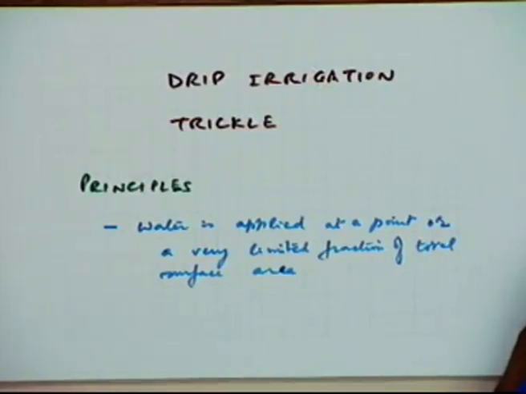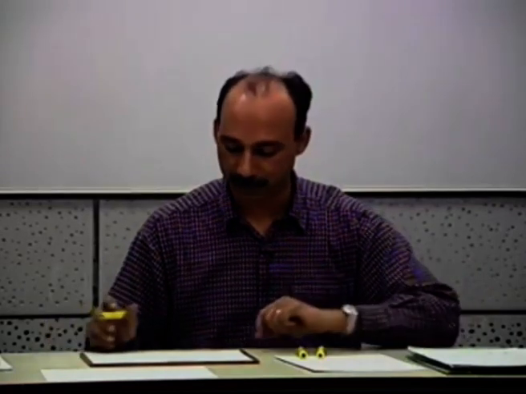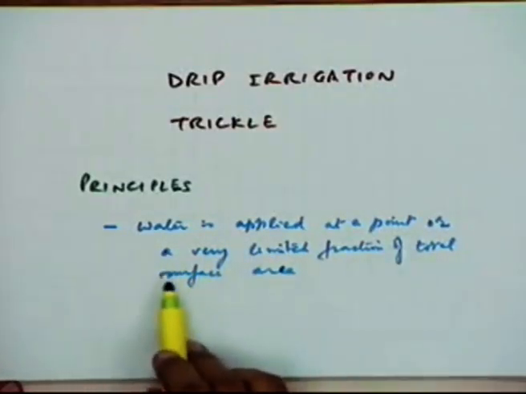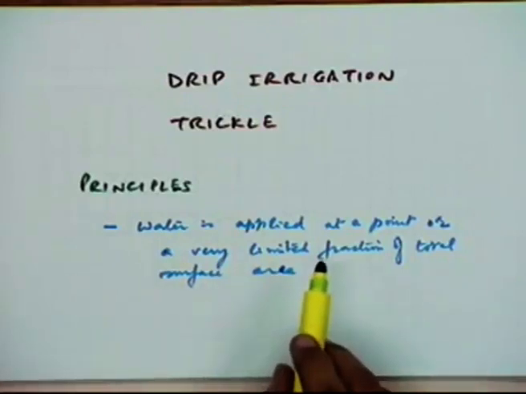Though you might say that in the case of the furrow irrigation method you are not wetting the total area, still in comparison to this method, in furrow irrigation you are wetting the majority of the area. When the furrows are very closely spaced, you are wetting a very big proportion of the total area. In this case, the fraction of the total area which is wetted is very small.